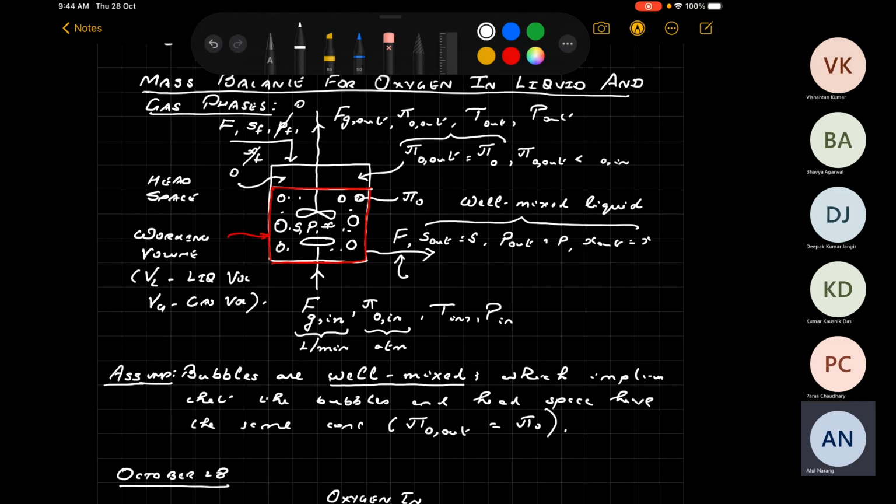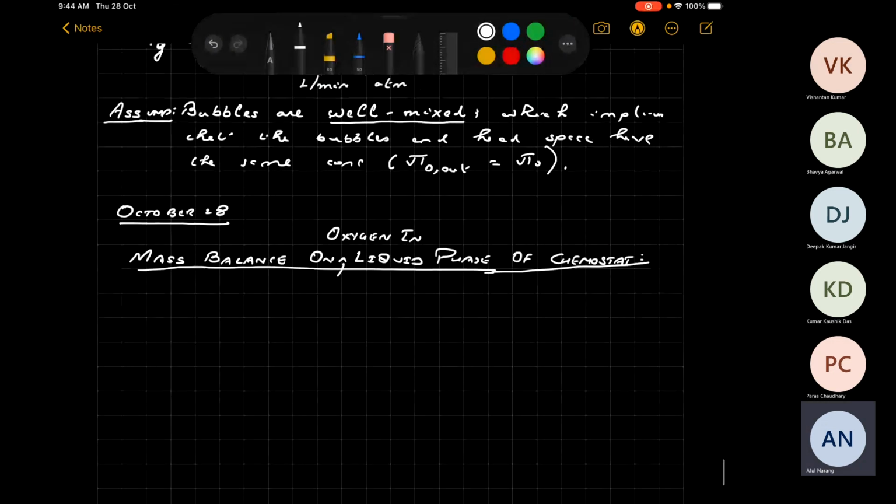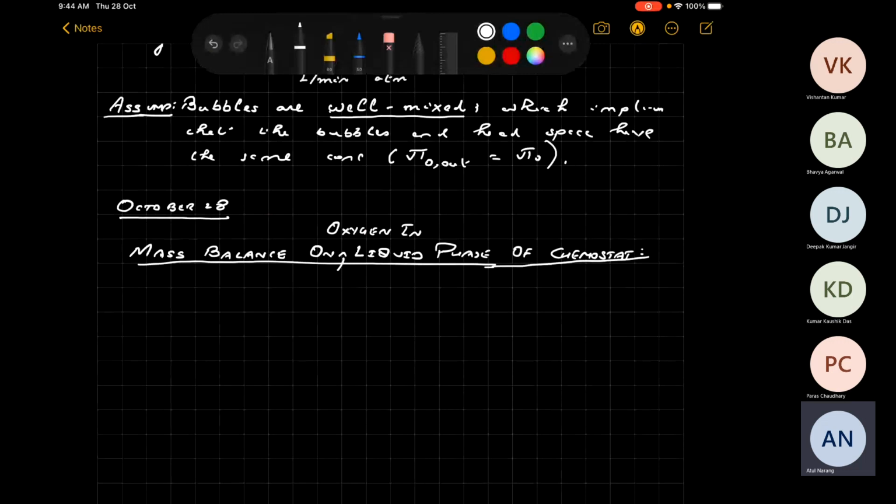Now, the balance that I'm taking is exclusively on the liquid. I am deliberately excluding the gas phase. Let me underline that to emphasize this is the liquid phase.